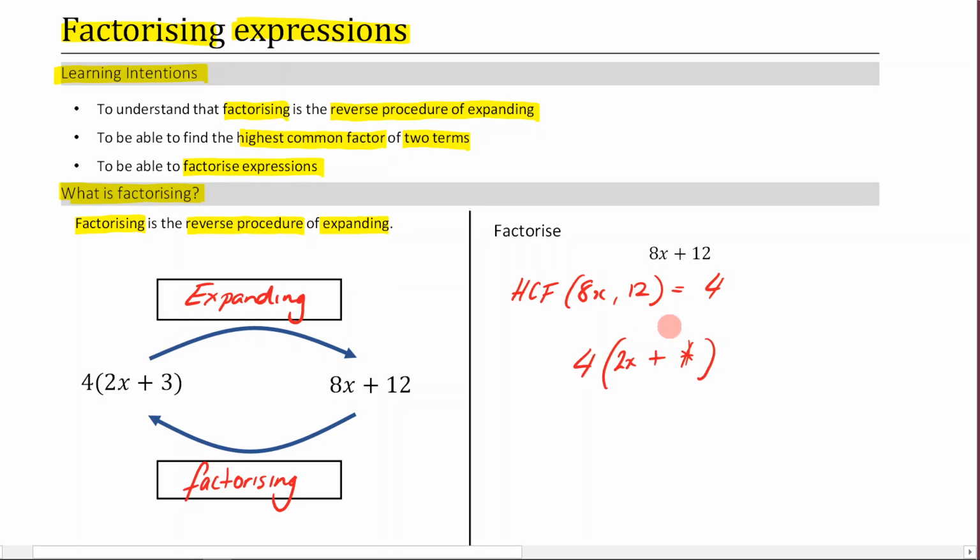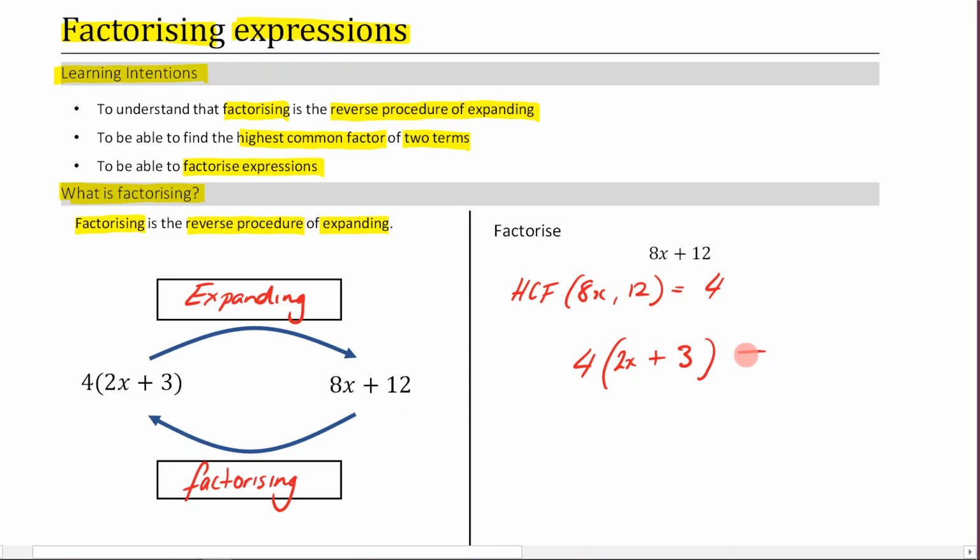Then 4 times what is going to give me 12? Well, 4 times 3 is going to get me 12. And now, as you can see, we have arrived at the factorized form. So that's how we approach these questions. We first find the highest common factor of the two terms, we pull it out, and then we figure out what's going to be inside the brackets.